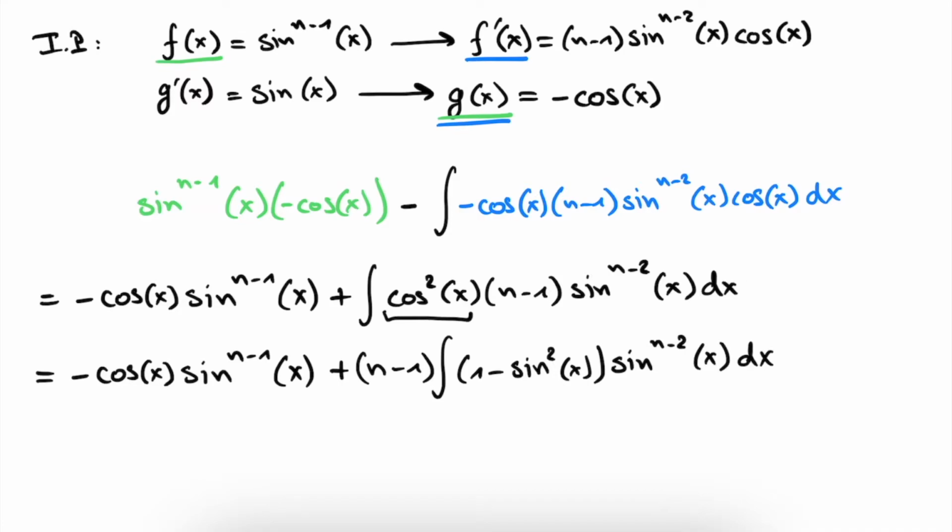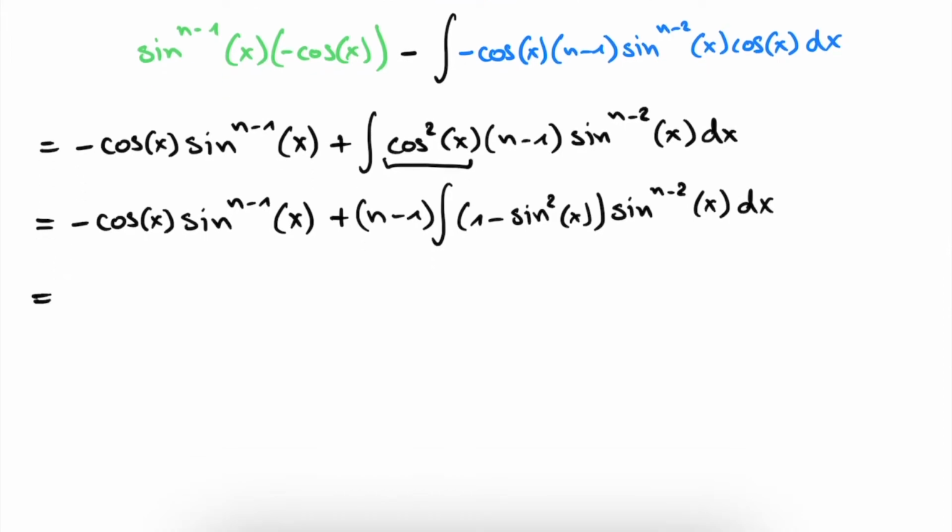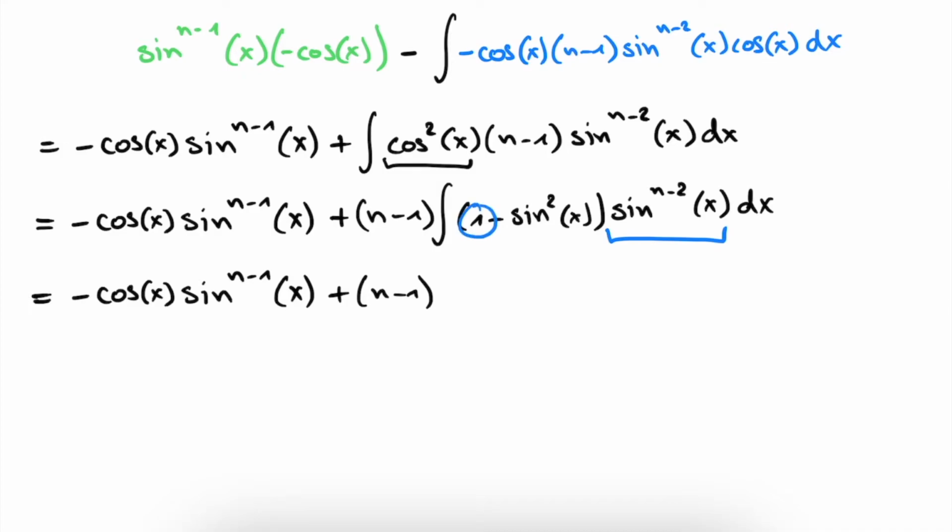And of course, we cannot forget this sine to the power of n minus 2 of x dx, which we leave unaltered for now. This is equal to, again, pasting this term in front of the integral, which we leave unchanged for now, plus n minus 1 times, and what we're going to do now is to multiply this sine to the power of n minus 2 with both of these terms inside of these brackets, which means we will get an integral of the subtraction of two terms, which means that we will effectively get two integrals.